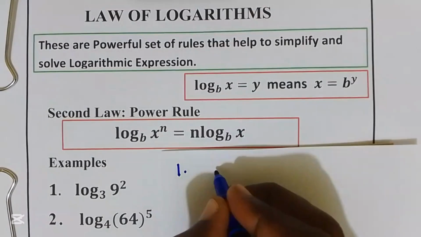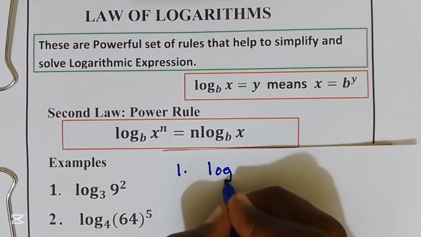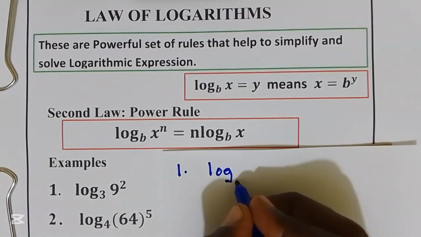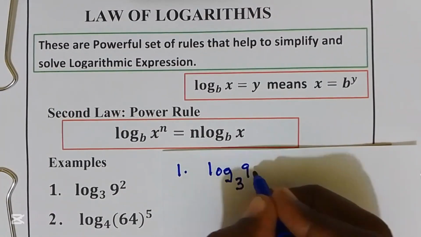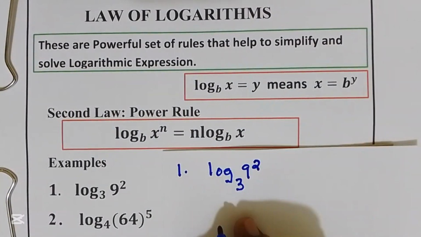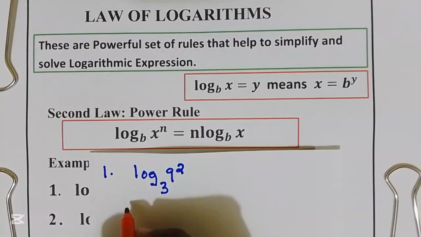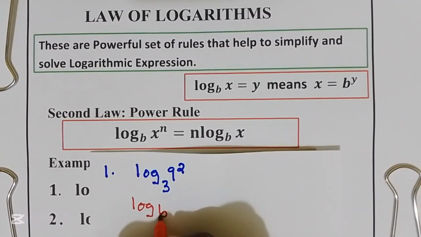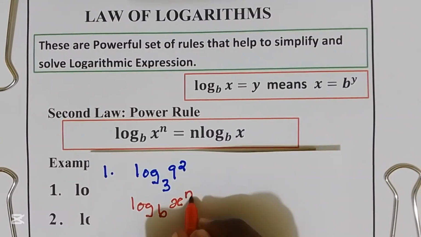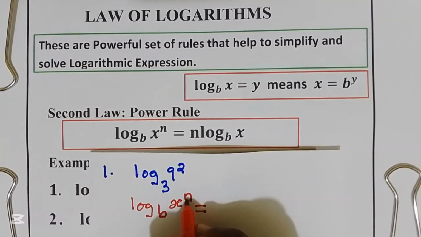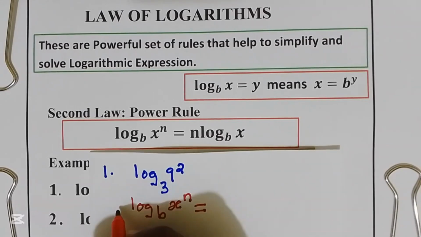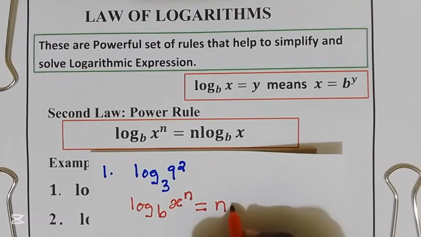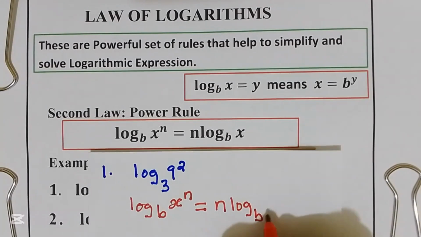Example 1. They have given to us log base 3 of 9 squared. According to the power rule, if we are given log base b of x raised to the power n, we bring n in front of the log, that is n log base b of x.